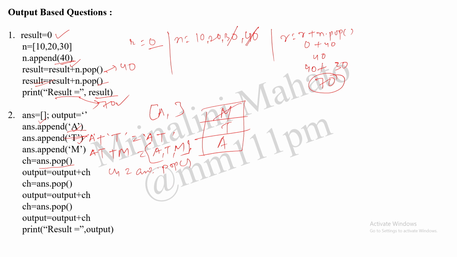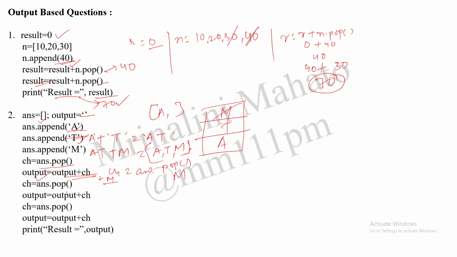M. So here M came. Now output equal to output plus ch, and output is a blank string. So blank plus ch. Blank plus ch, so which is the ch value? M. So blank plus M, and it will display.